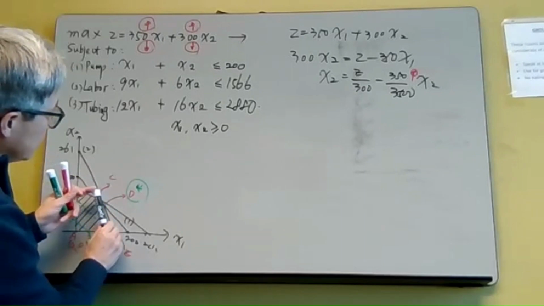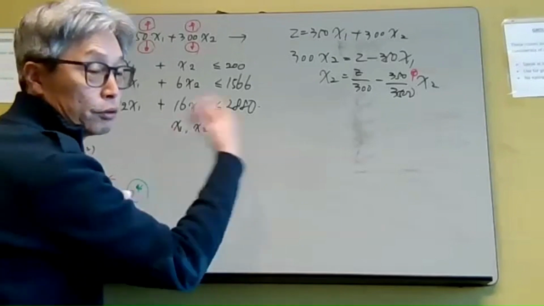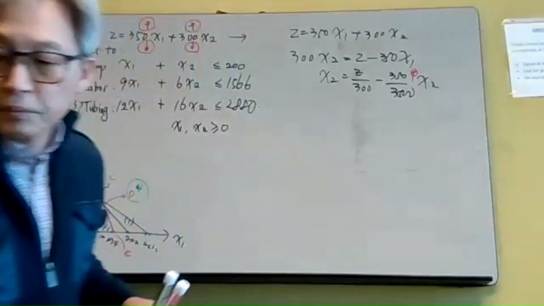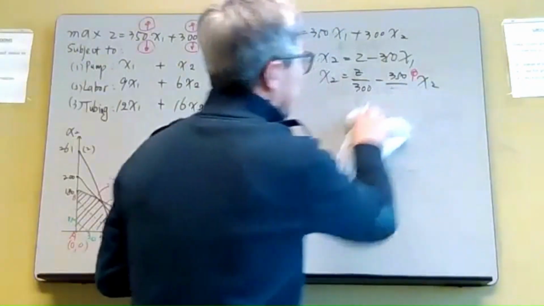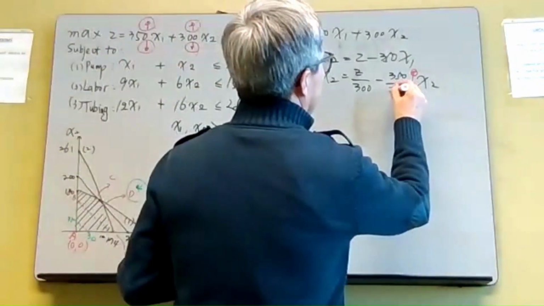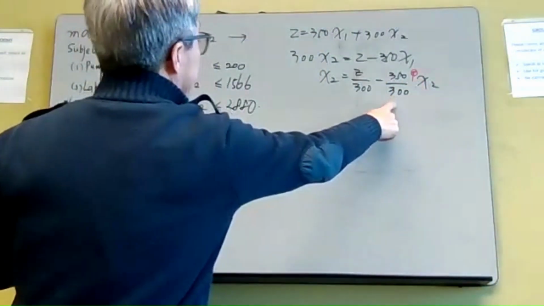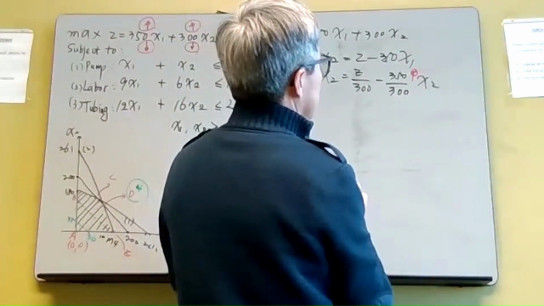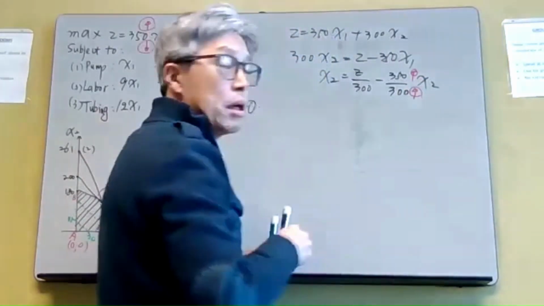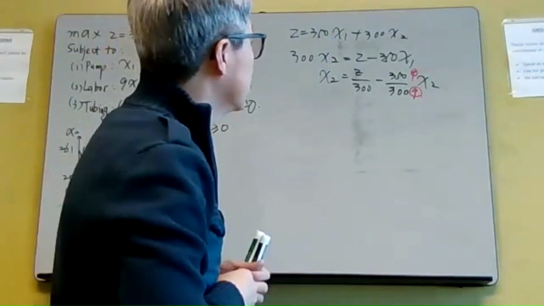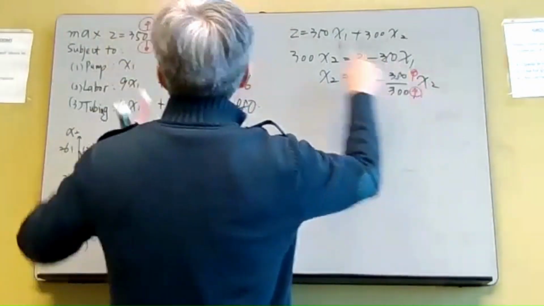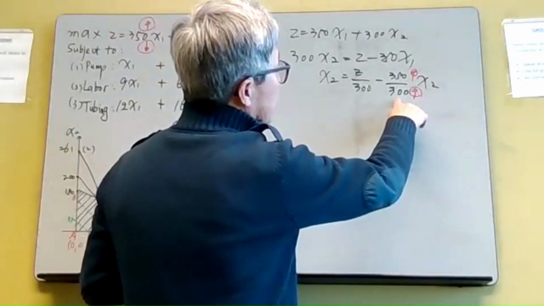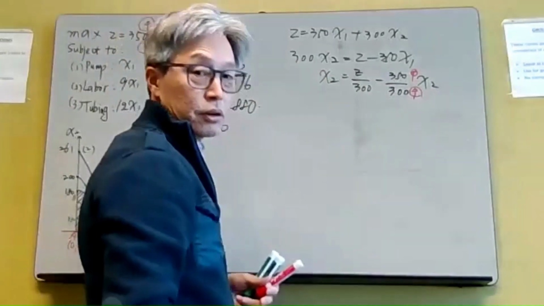So our optimal solution will change to this point if we increase at a certain point. If you increase the price of X2, the slope will be slower. If you decrease the price of X1, your slope will be slower. If you decrease the price of X2, your slope will be faster.